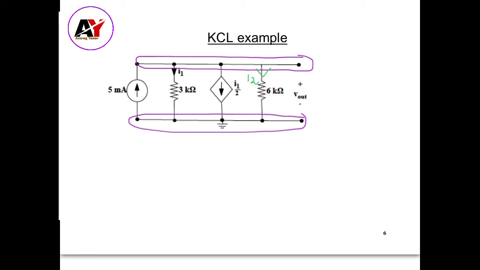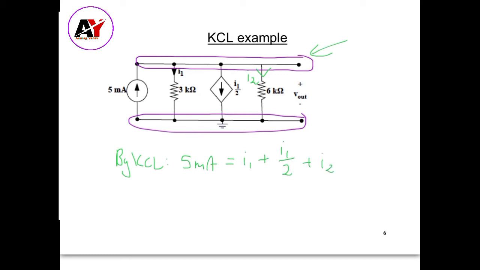If we write down the Kirchhoff's current law equation for this top node, then by Kirchhoff's current law, we have 5 milliamps flowing into the node, which is equal to, and flowing out of the node, we've got I1, plus I1 over 2, plus I2.